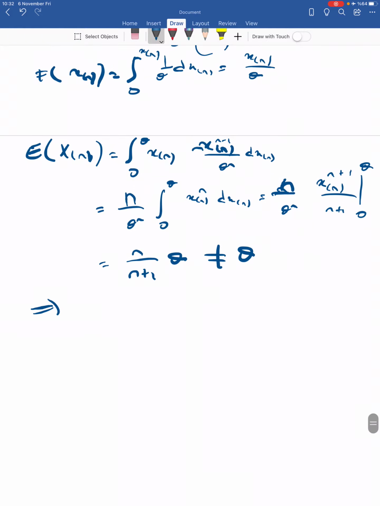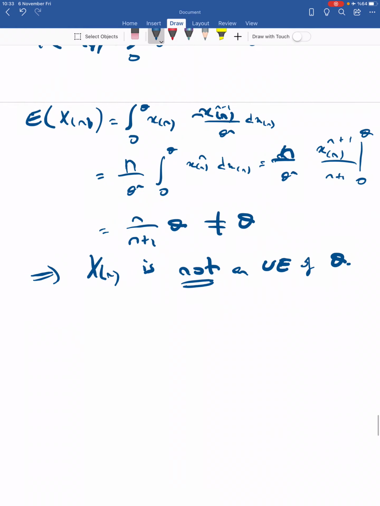So this means that the expected value, x_n is not an unbiased estimator of theta. But as you can see here, the expectation is theta multiplied by this constant.